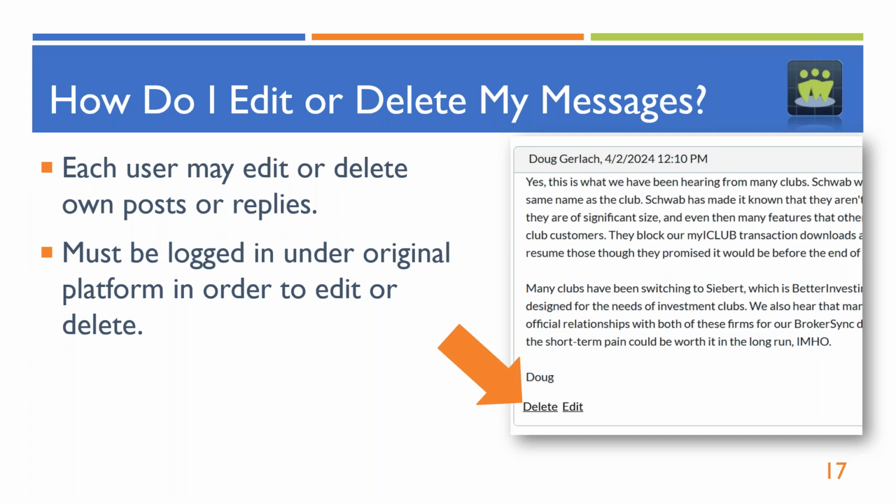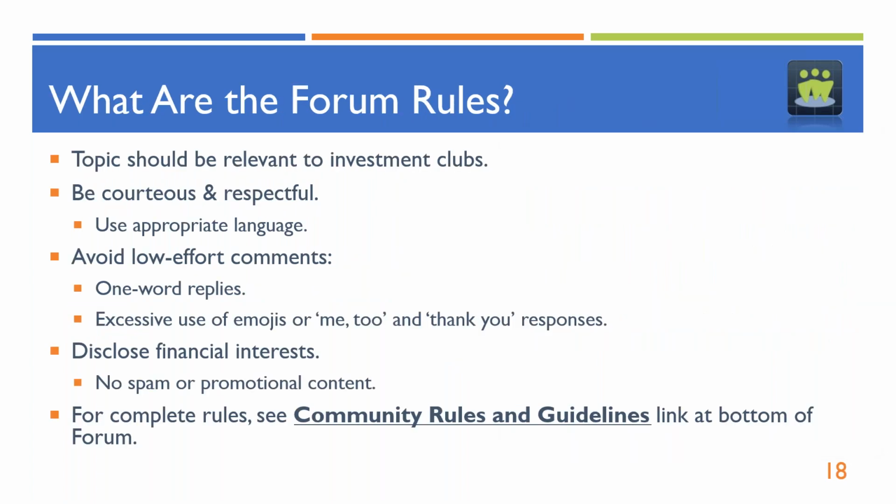So you can come back and edit those if you need to, or if you have received an answer to a question and you don't need any further follow-up, you can let us know. As I mentioned, you just have to be logged into the same account that you posted from, either from the myICLUB or the Better Investing side.